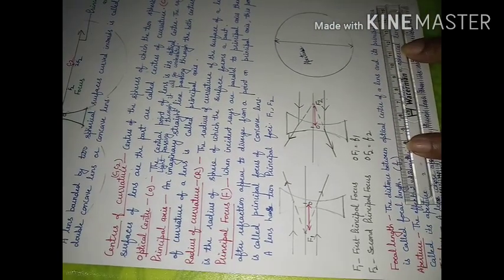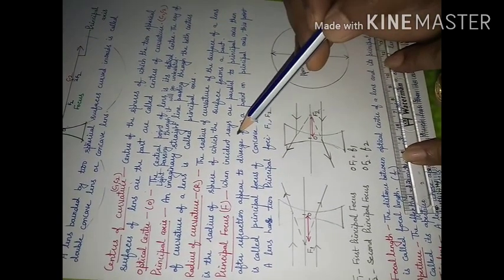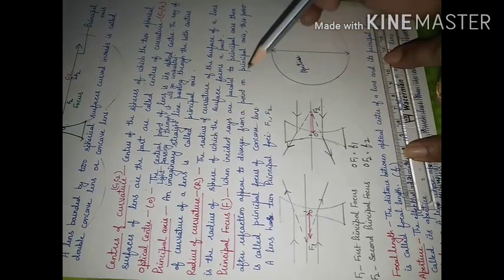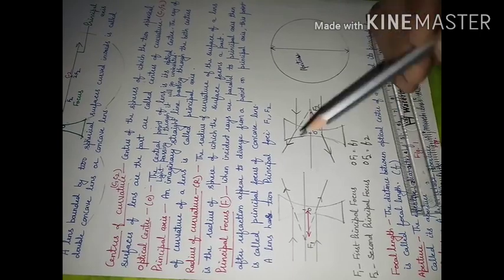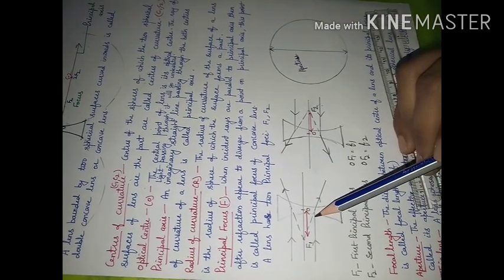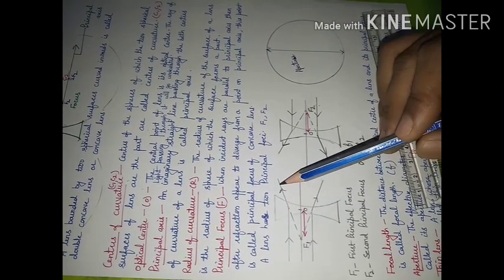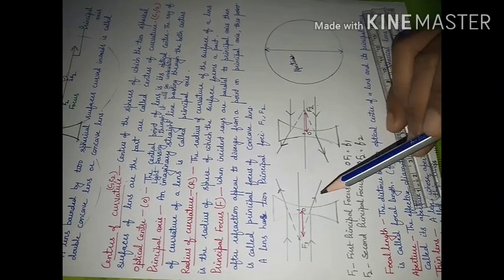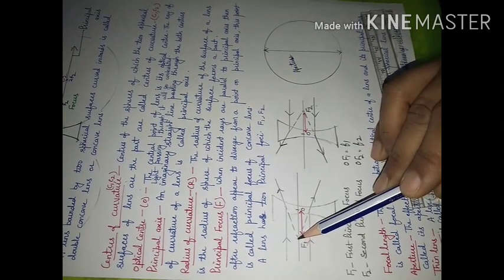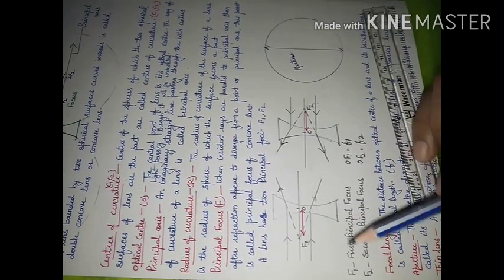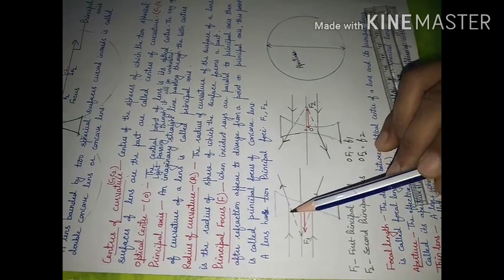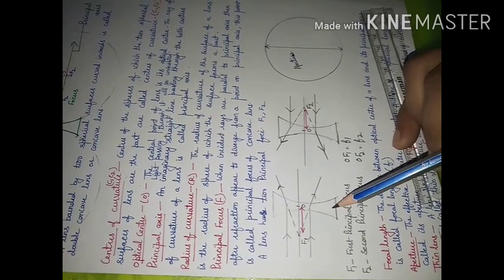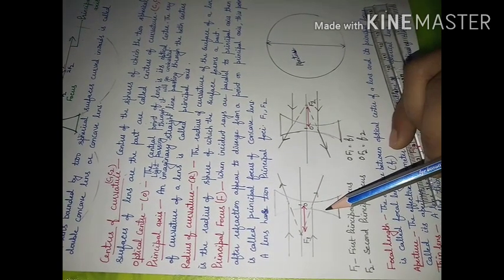What is principal focus? Principal focus is a point on the principal axis, such that if rays which are parallel to the principal axis, after refraction through a concave lens, appear to diverge from that point. Meaning, these are the parallel rays. They are trying to pass through this concave lens. This is the thin concave lens we have considered.